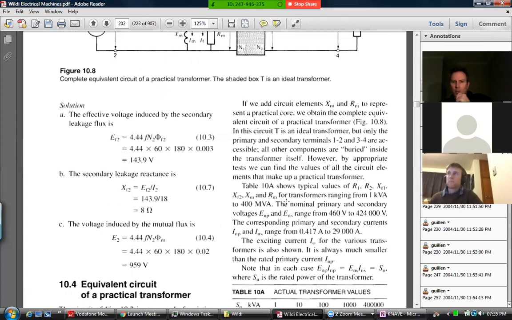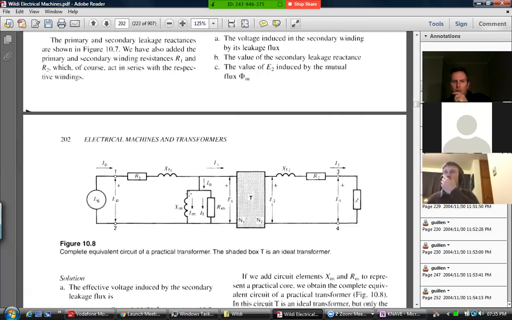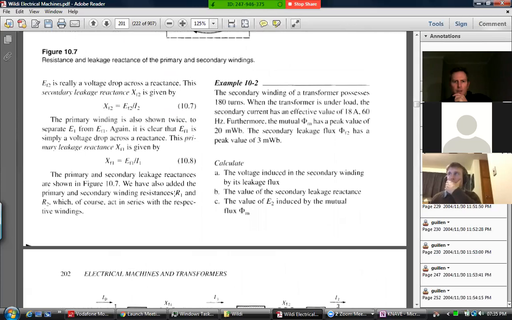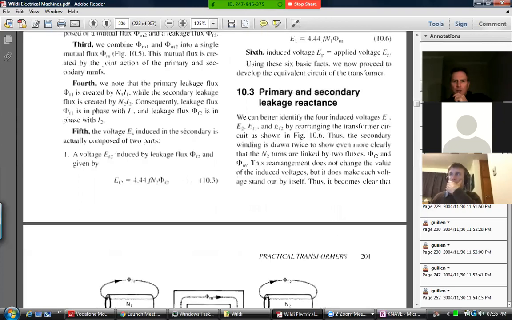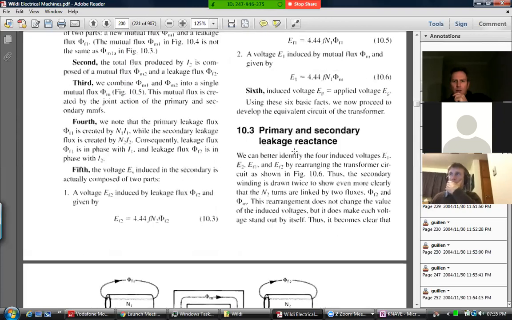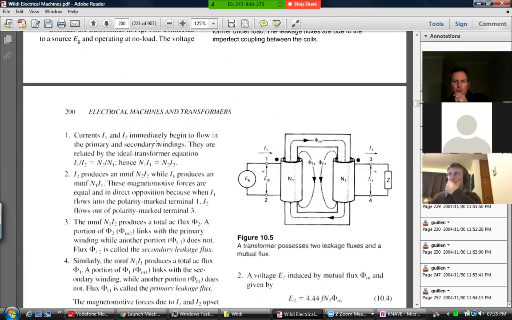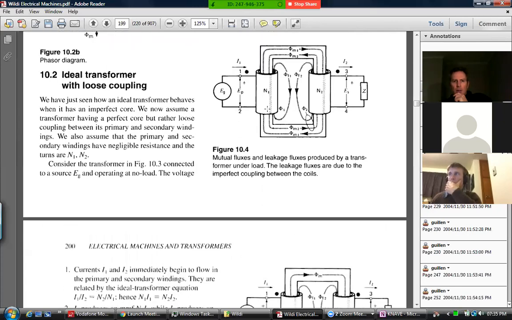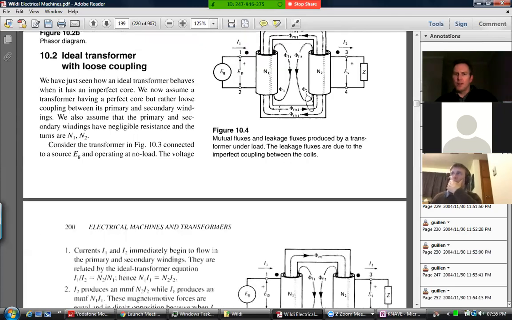I'm trying to see the term that we want to call it. Sorry, just going to find it quickly. The X is the leakage reactance, and the R is to do with the resistance of the winding, I'm sure. Yeah, okay, I'll have to just check, but the R is to do with the resistance of the winding, and the X is to do with that flux leakage.